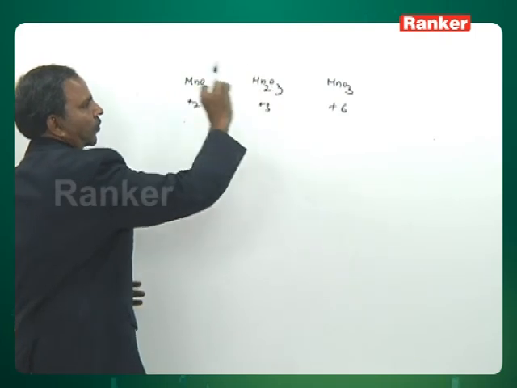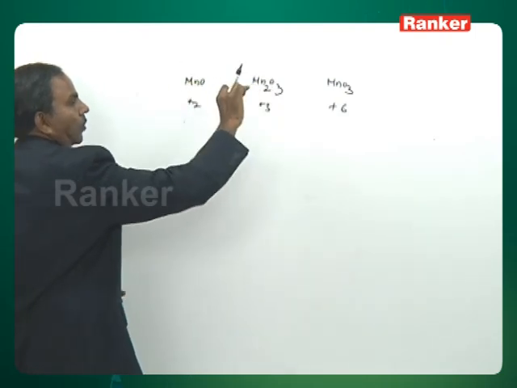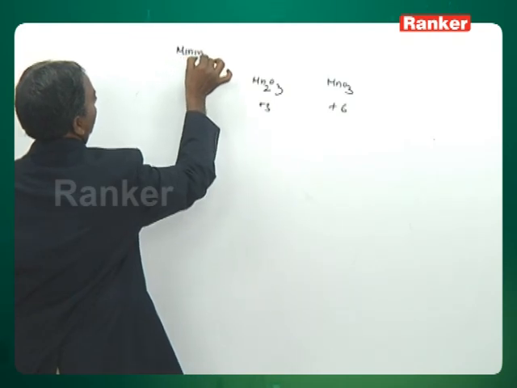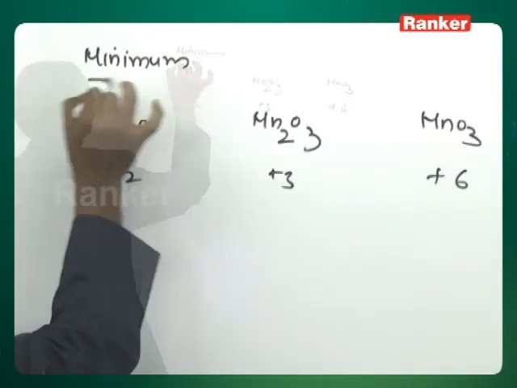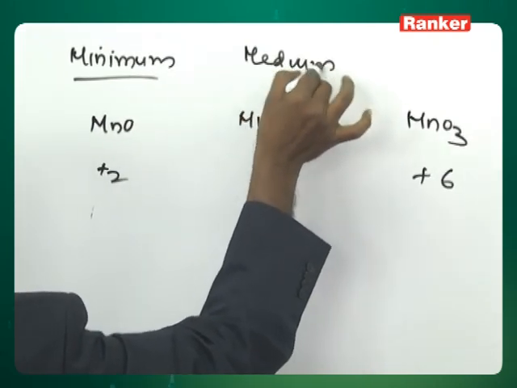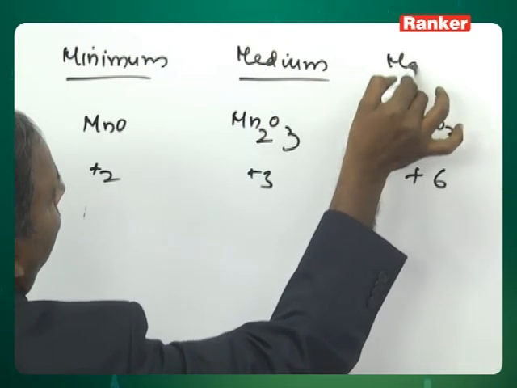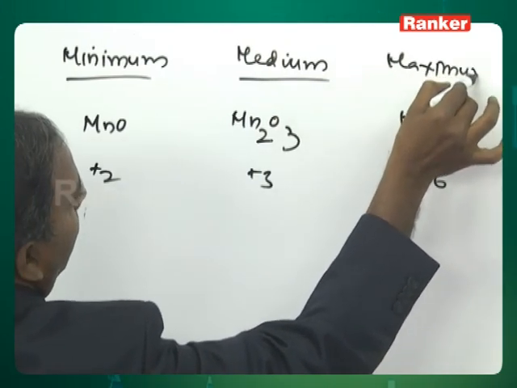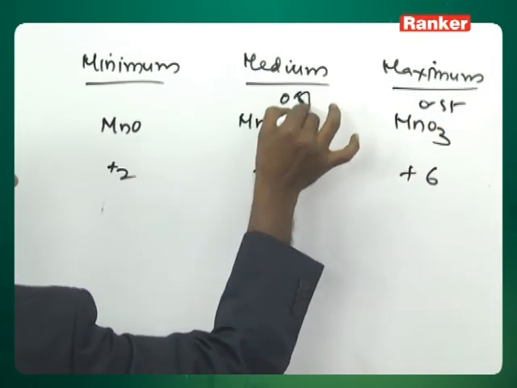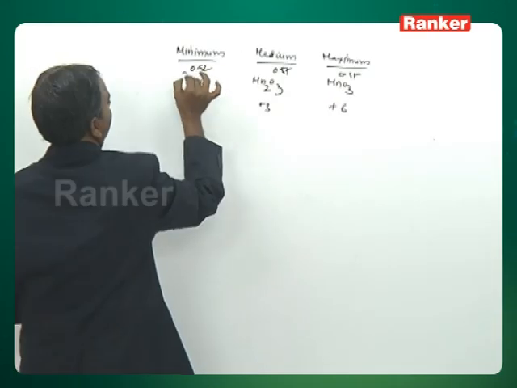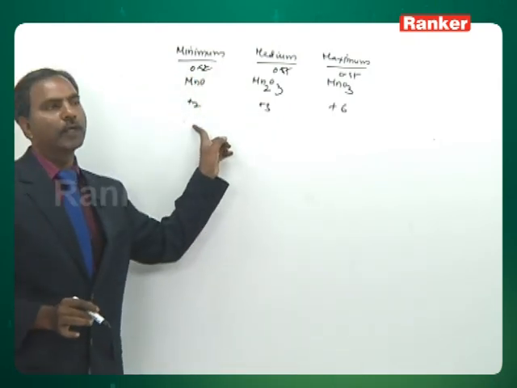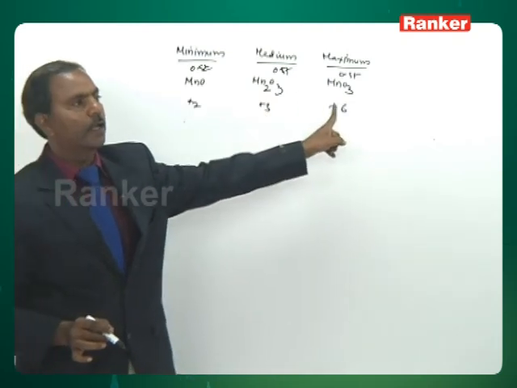Same metal ion, but different compounds and different oxidation states. Wherever the oxidation state is minimum, this is minimum; this is the medium oxidation state; and this is the maximum oxidation state. We are looking at the same metal ion, but in one it is minimum, then medium, and again maximum.